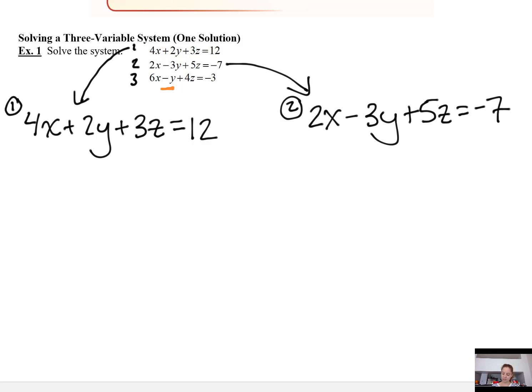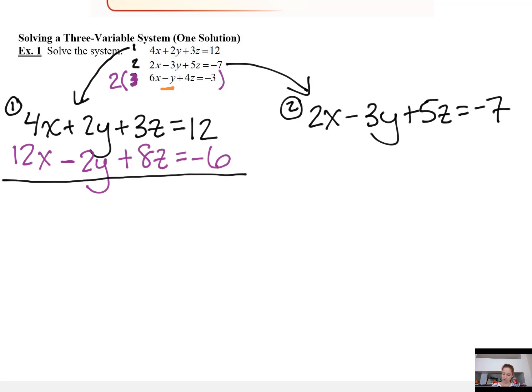If I want to eliminate the y's, and there's 2 y's now, I want to manipulate the 3rd equation so it really has -2 y's. And how I do that is I multiply this 3rd equation, not that 3 as my label, by 2. And when I distribute that 2 to every term in the 3rd equation, I get 12x minus 2y plus 8z equals -6. And now when I add the equations, I'll be able to eliminate the y's.